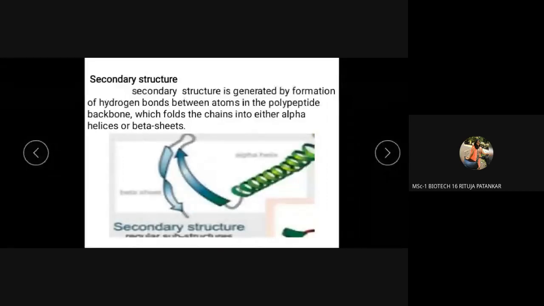Secondary structure is generated from the formation of hydrogen bonds between atoms in the peptide backbone, which fold the chain into an alpha helix or beta sheet. In the picture, the part shown in green is alpha helix, and the part in blue is beta sheet, which are present in secondary structures.